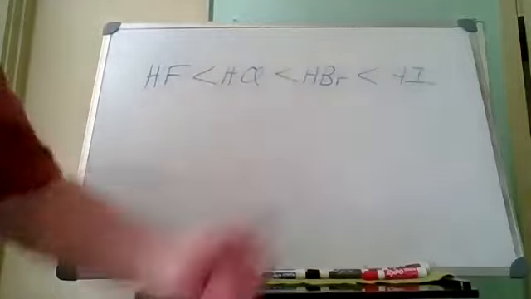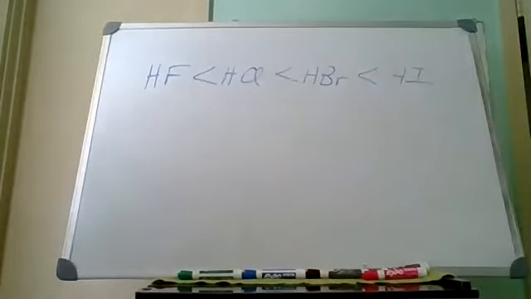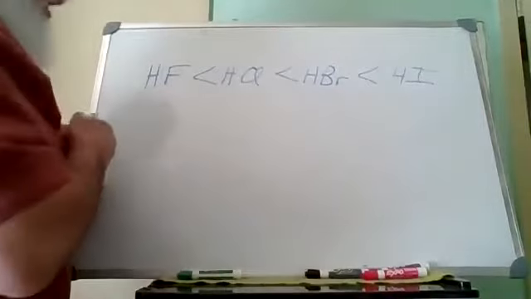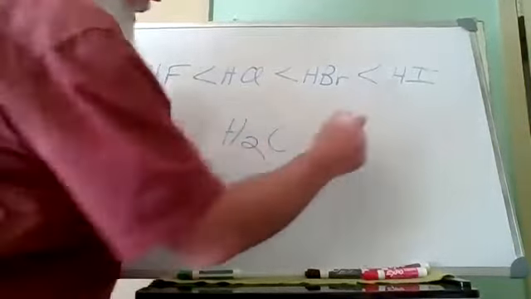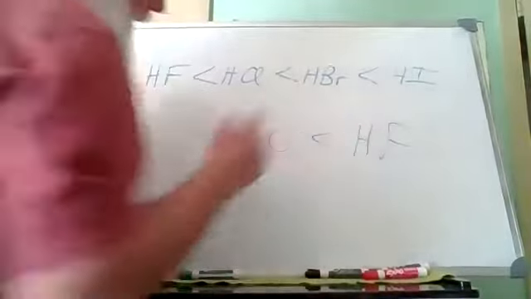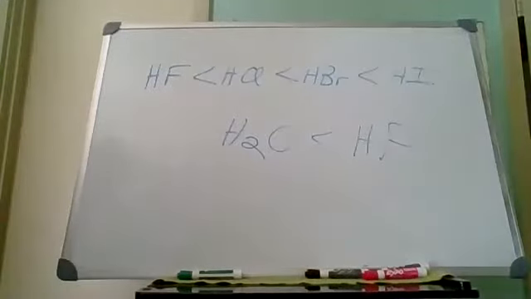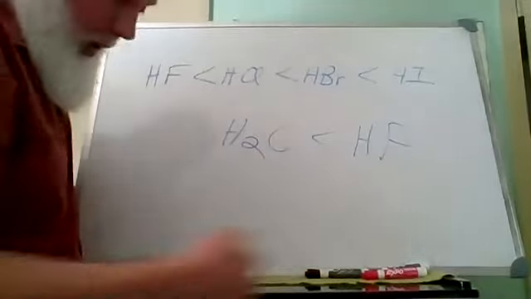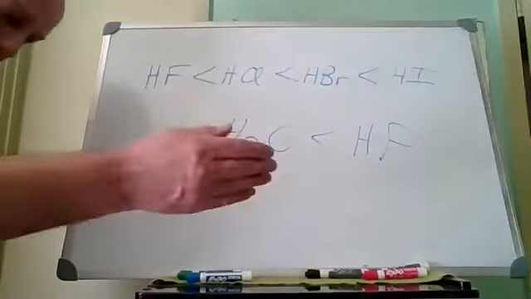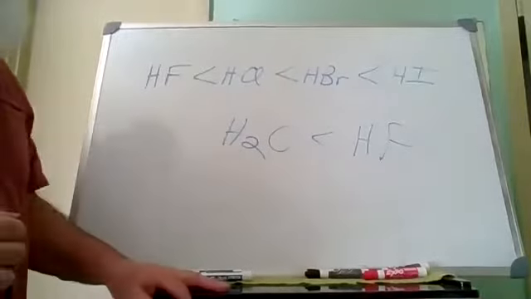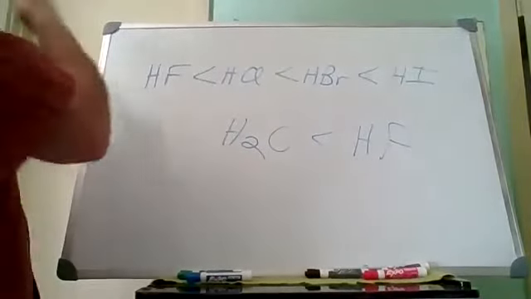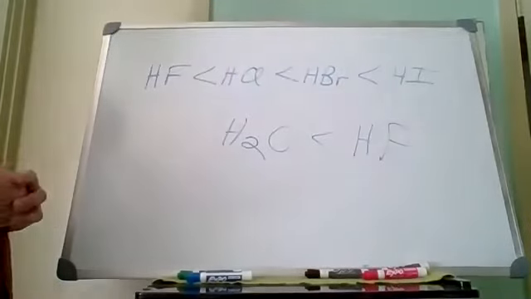How about going across a period? So they give us the example of water being a much weaker acid than hydrofluoric acid. All right, now why is that? When you're going across a period, the sizes of the atoms get progressively smaller as you go from left to right across a period, right?